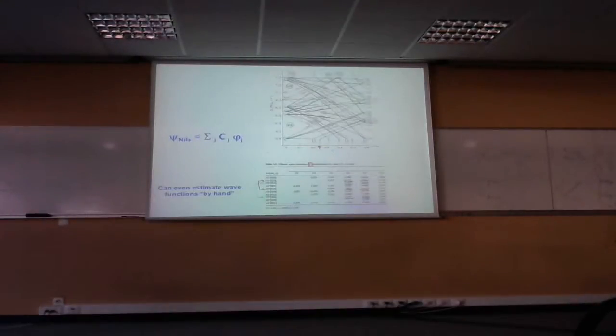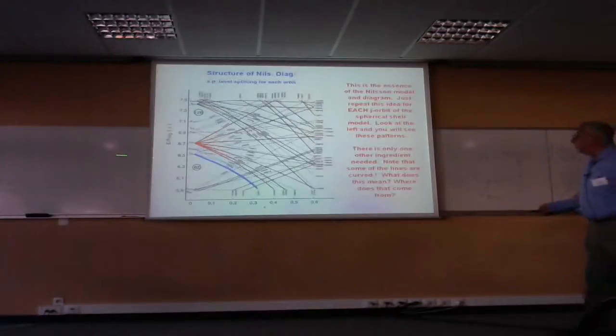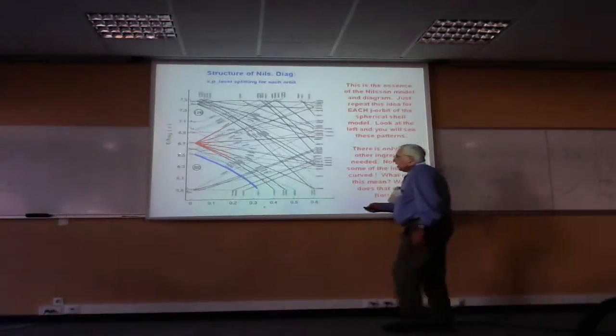You mix wave functions, or you mix levels, which only have the same k. So for example, that would be d5/2 or f5/2. No. Let me go back to find the Nilsson diagram.